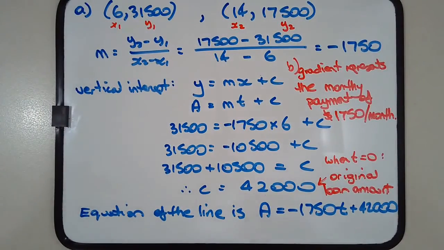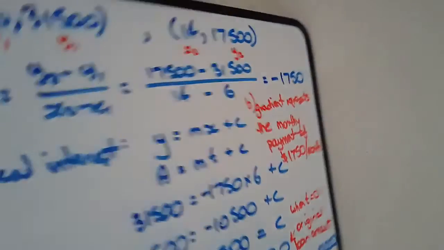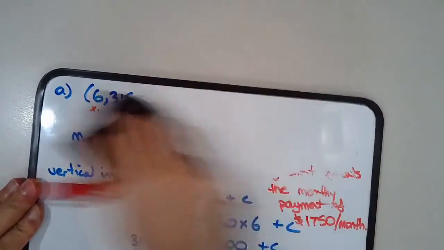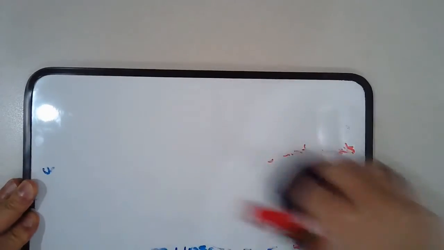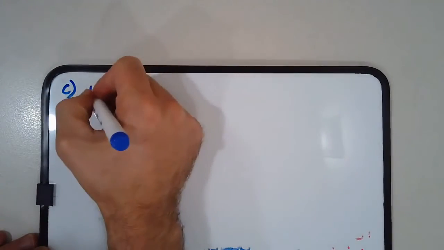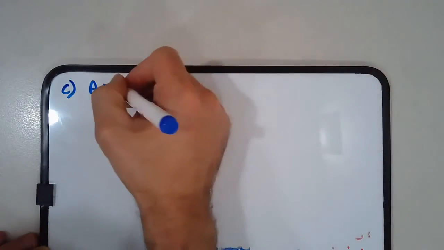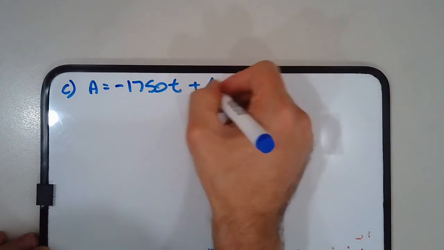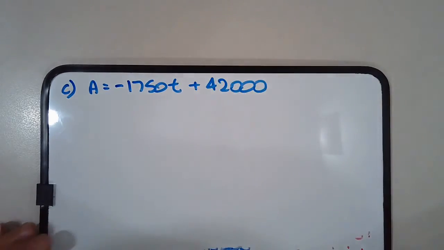I'm just going to rub this board out and keep the equation of the line. So while you're having a think about it, we've got A is equal to negative 1750t plus 42,000.